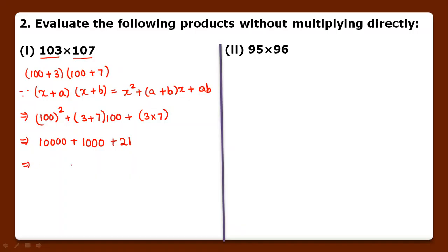We'll add and what we will get? 11,021 as our answer. In this way, we found the product by using the identity instead of actually multiplying.